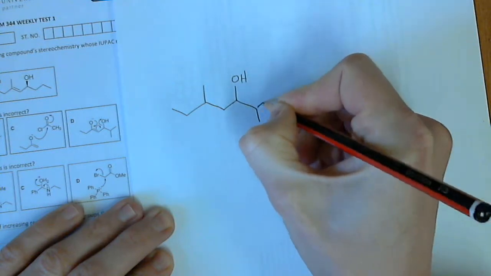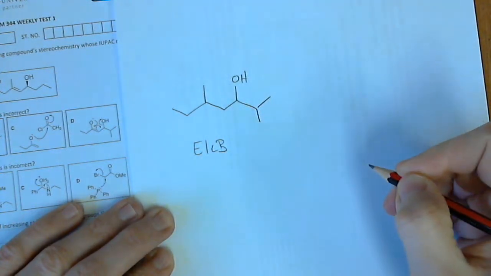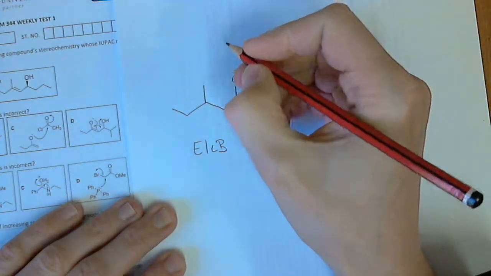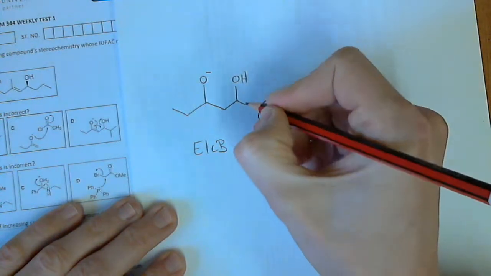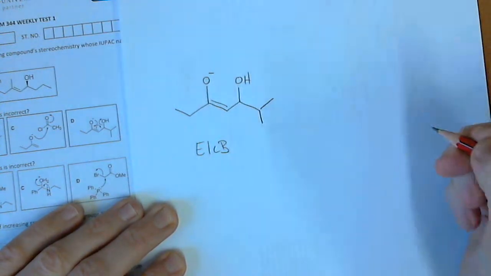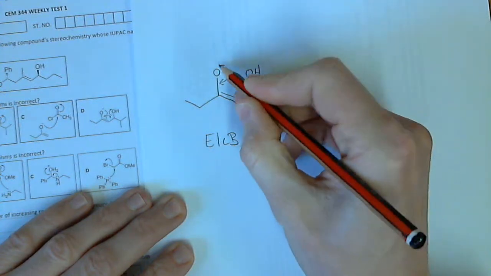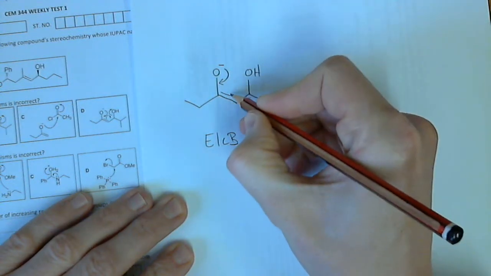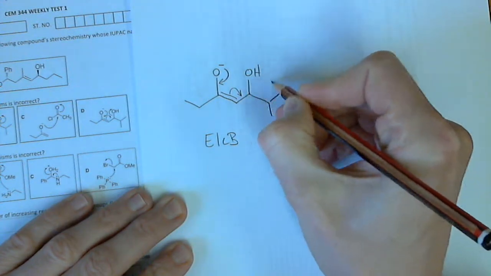This is the classic E1 conjugate base elimination sequence. It's the last step in this sort of reaction. And essentially, this is what I'd shown, that the lone pair of electrons donates and forms a pi bond over there. This pi bond shifts across, and in so doing, something has to break.